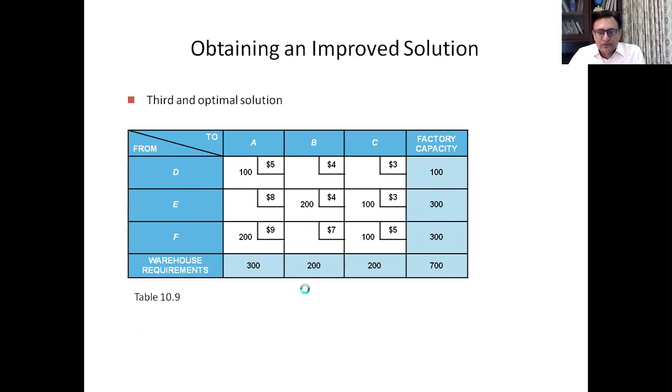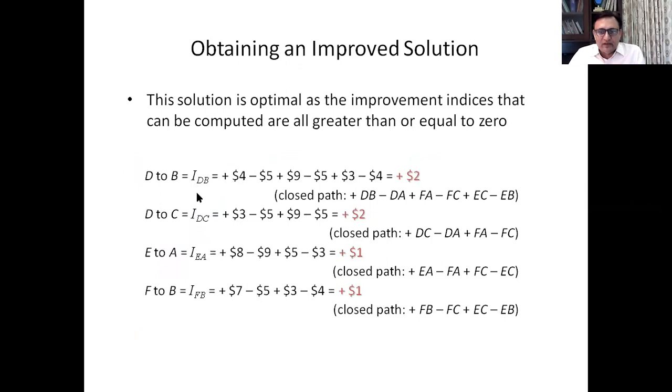Again we will evaluate all the paths by creating closed paths, and we find that we have got the optimal solution because all have a positive index, greater than or equal to 0. So we will continue till we get all the improvement indices greater than or equal to 0. So this is the stepping stone method.